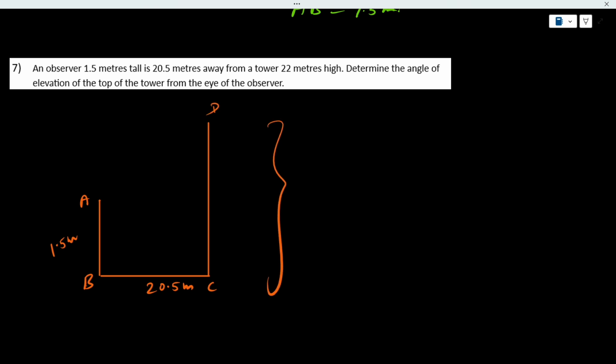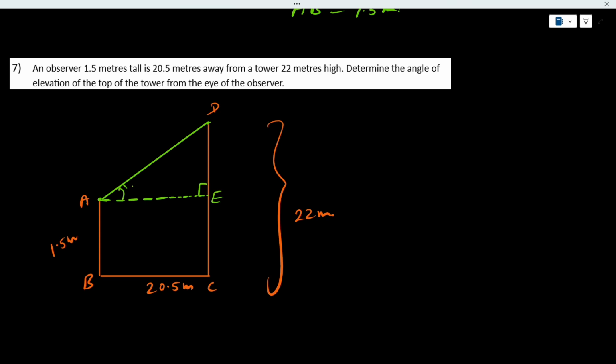What is this total length? It is 22 meter high, right? Now determine the angle between the eyes of the observer to the top of the tower. Now the top of the tower is point D, so your line of sight will be AD, right? This is your line of sight. You know that the angle is always measured from the horizontal line. So there's no horizontal line, so you will draw one parallel to this and mark here E. So this is your 90-degree angle.